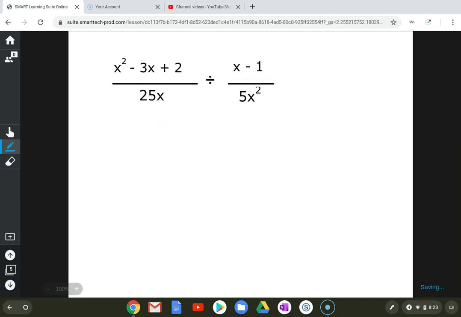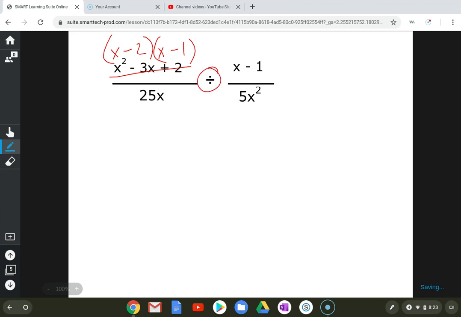All right, let's factor again. This top numerator expression factors into x minus 2, x minus 1. There's really not much you can do here apart from thinking of the 25 as a 5 times 5. Everything else is factored. But we have something new. We're dividing.